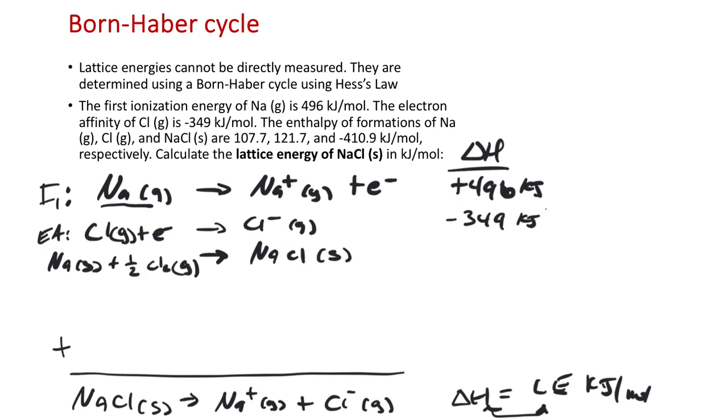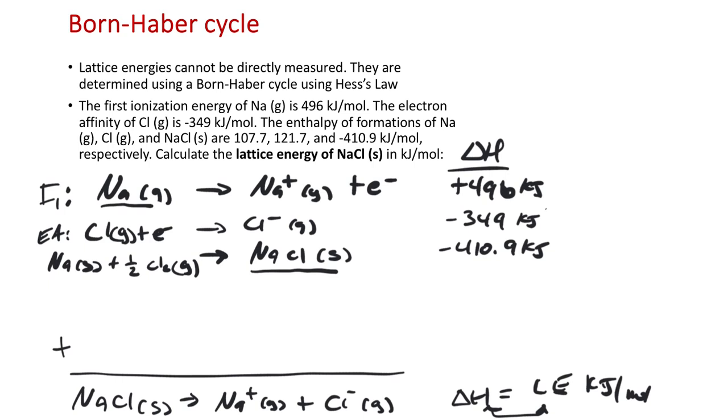Now, how do I know this is the reaction that corresponds to forming sodium chloride? What I really mean by this being the formation reaction is that this is the reaction that's defined to have a delta H that's equal to the delta HF. So the delta HF here is minus 410.9 kJs per mole times 1 mole, so it's minus 410.9 kJs.